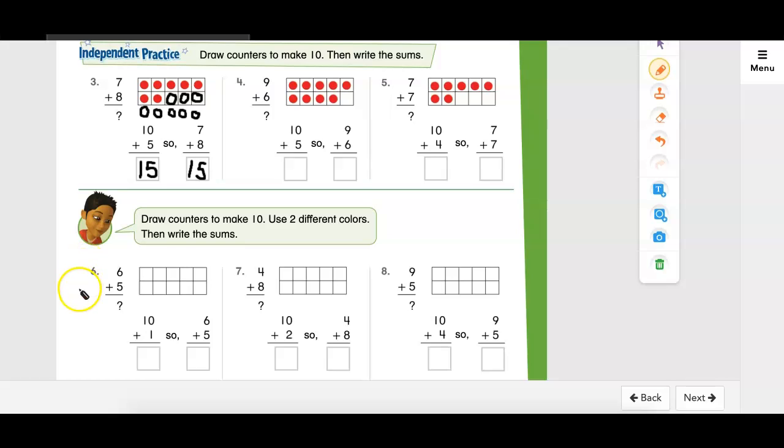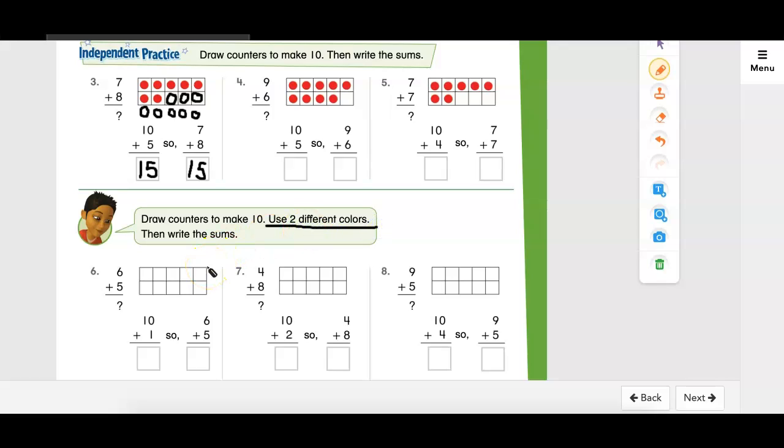On numbers 6, 7, and 8, our friend tells us to draw counters to make 10. Use 2 different colors, then write the sums. This is doing exactly what we have been doing so far, but it is asking us to use 2 different colors.